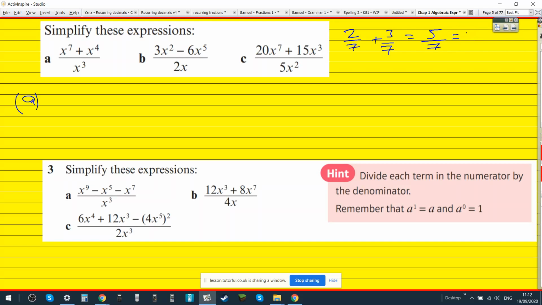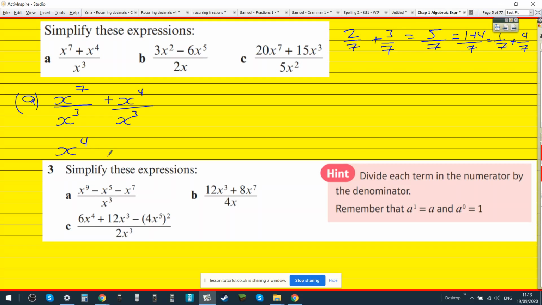So you could split 5 into, let's say, 1 plus 4, and you could say that's 1 over 7 plus 4 over 7. Same thing. You can do the same thing with algebra. So you can say that's the same as x to the 7 over x to the 3 plus x to the 4 over x to the 3. And so simplify, x to the 7 over x to the 3 is x to the 4.